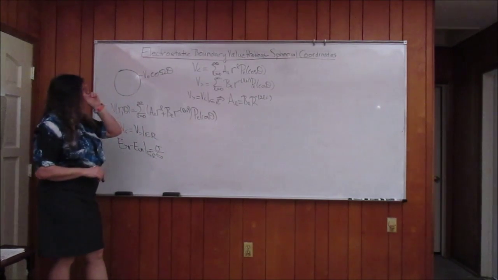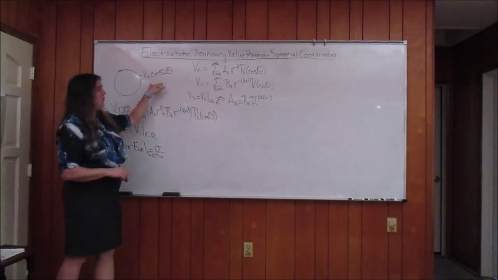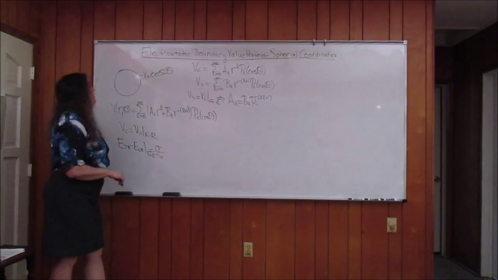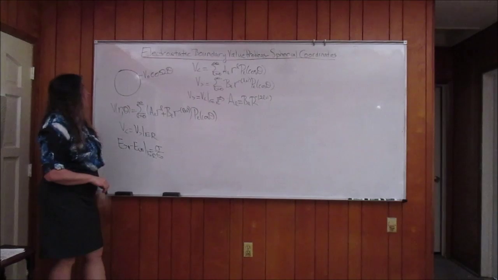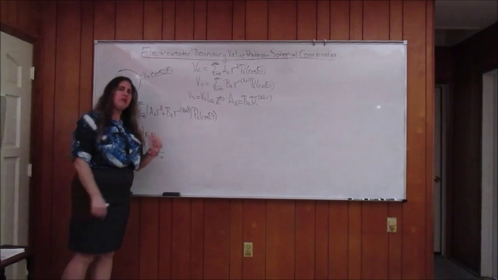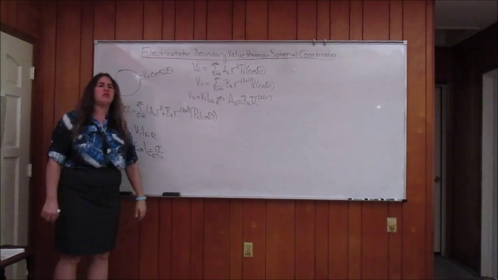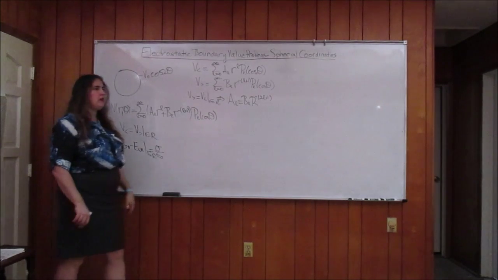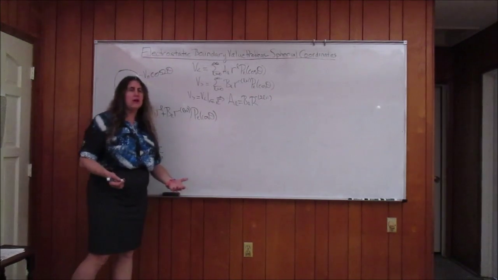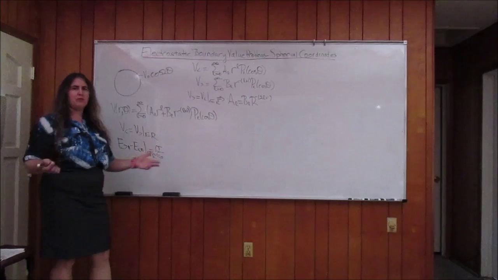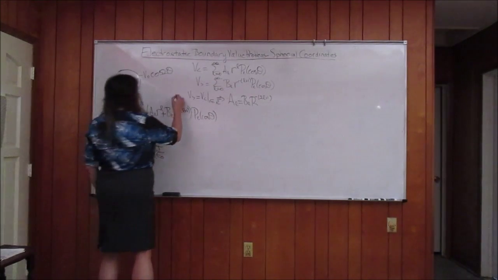Now I want to apply this actual condition, what the potential actually is at the surface of the sphere. My task might be much easier if I can write this in terms of Legendre polynomials and then make use of the orthogonality condition to eliminate basically an infinite number of terms.